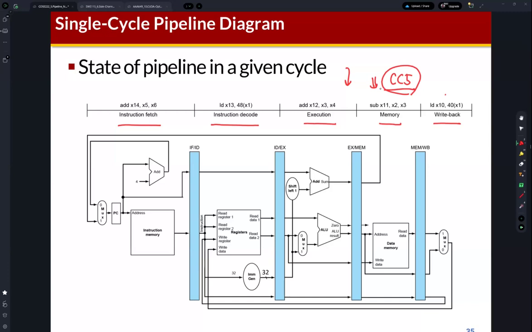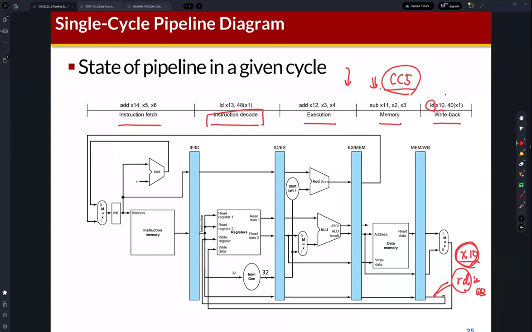Also, one student asked a question. Why do we need to use this RD? If you see this load instruction, this is the RD in the write back stage, right? What is this RD? This RD is X10, right? But you can find a different load instruction in the instruction decode stage.